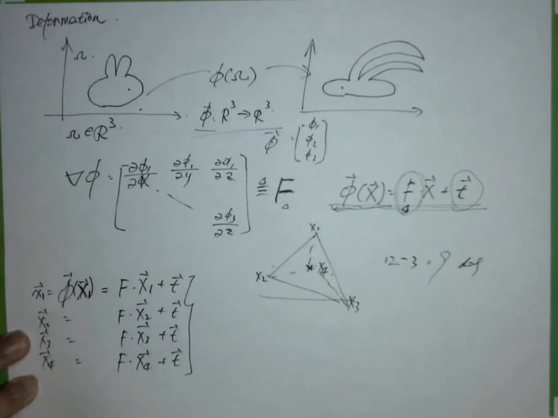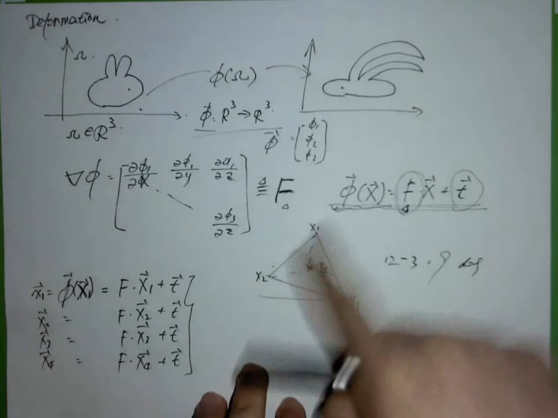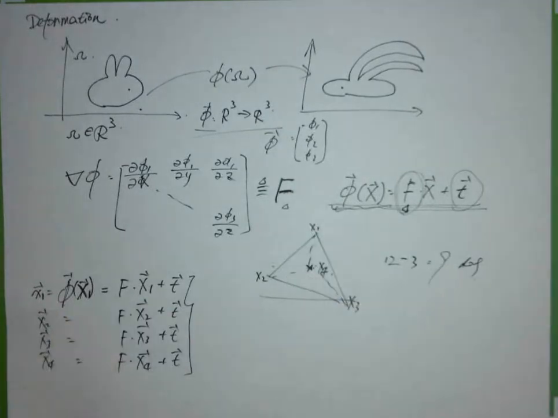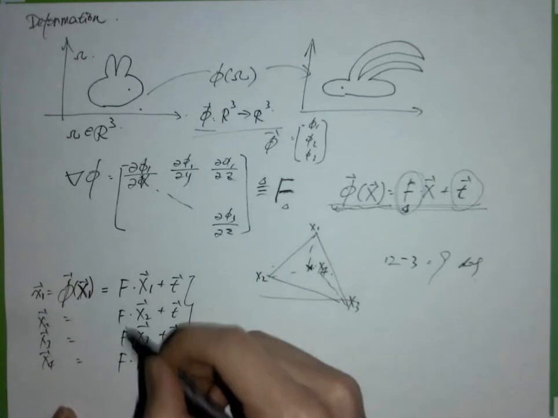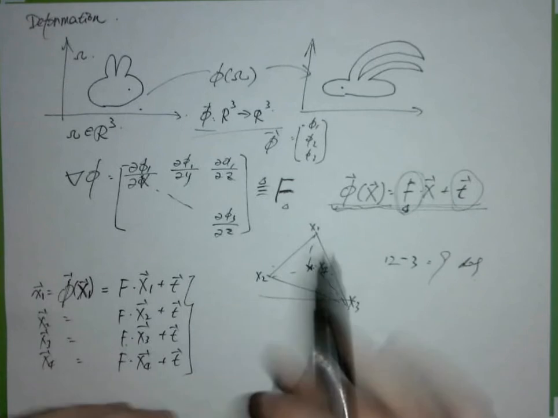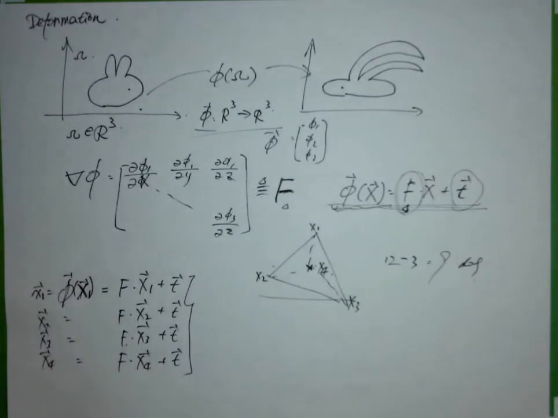In the finite element method, we assume that for each element, because it's already small enough, the deformation gradient for all the 4 vertices is the same, so they share the same F and t. Because this is a really small element, we can have this kind of assumption, right?